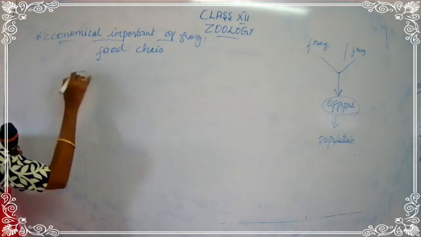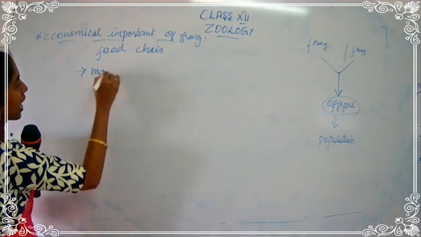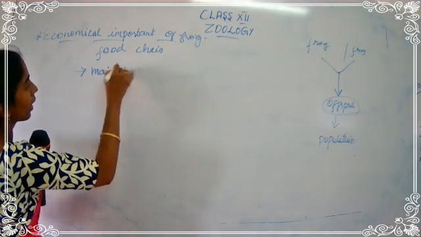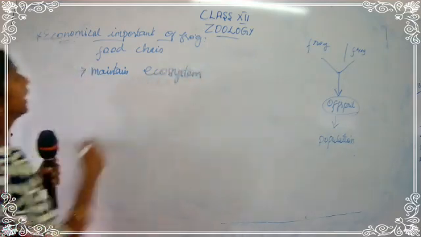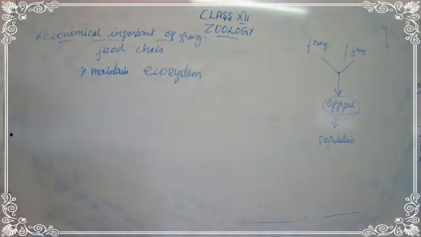So the first economical importance is maintaining the ecosystem, because the frog plays a major role in our food chain. So frogs should be protected.